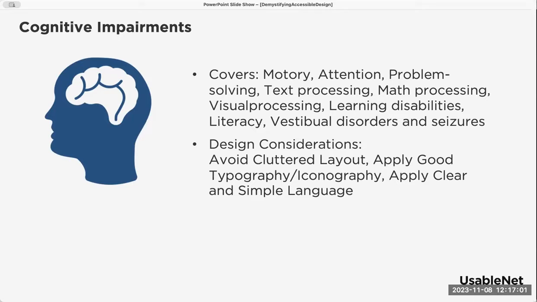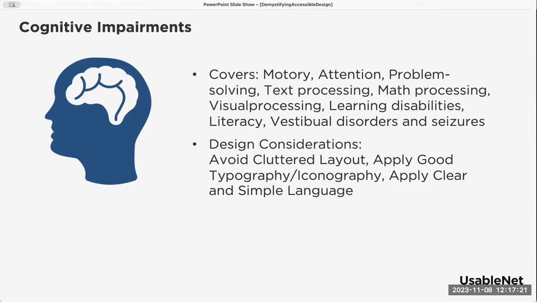And so from the design point of view, the main design considerations here are usually to avoid cluttered layouts, first of all, so present only content that is relevant to your users and use a logical order and sequence for presenting this type of content.